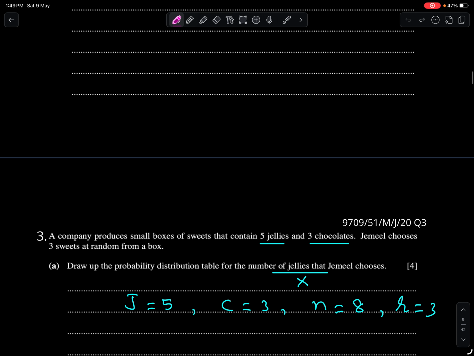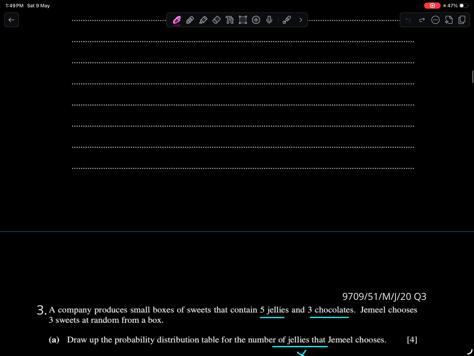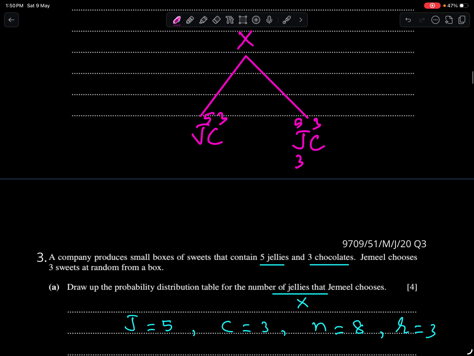Let me explain this to you. X, J, C, 5, 3, 5, 3. So J can take all 3 with no C and 0 with 3 chocolates.